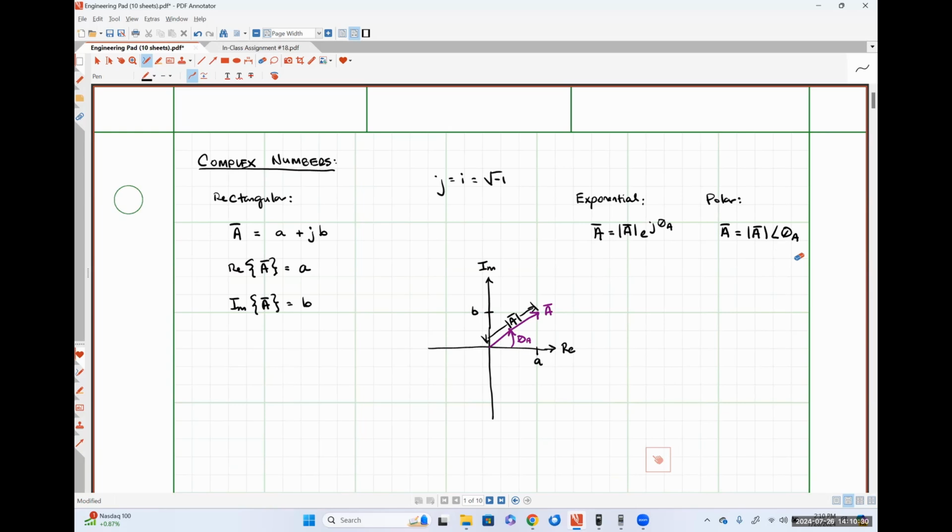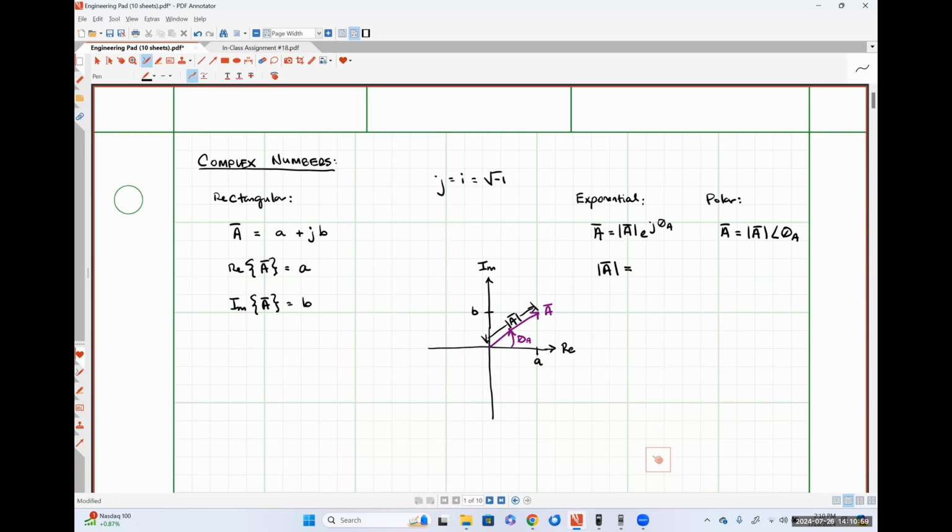All right, so let's talk about switching back and forth between these things. If we had a rectangular form complex number and we wanted to figure out the magnitude of that complex number, well, the magnitude of complex number A, we can get simply by doing effectively the Pythagorean theorem.